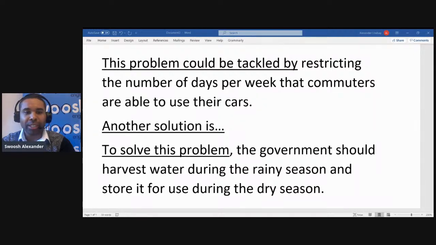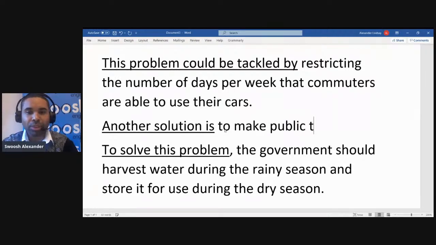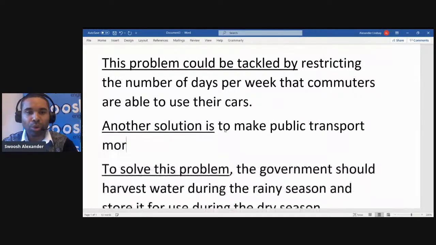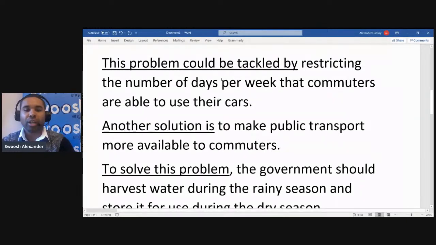So we've got one more idea. So we've got another solution is, so let's stick with traffic congestion. So this problem could be tackled by restricting the number of days per week that commuters are able to use their cars. Another solution is to make public transport more available to commuters.